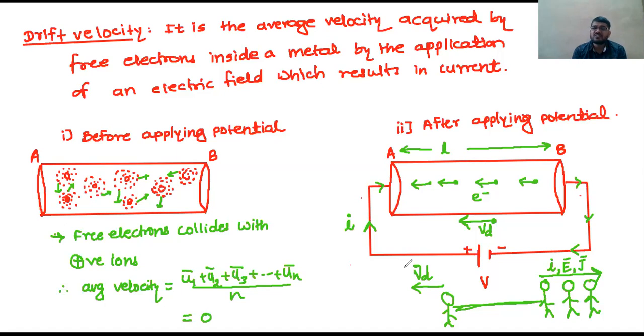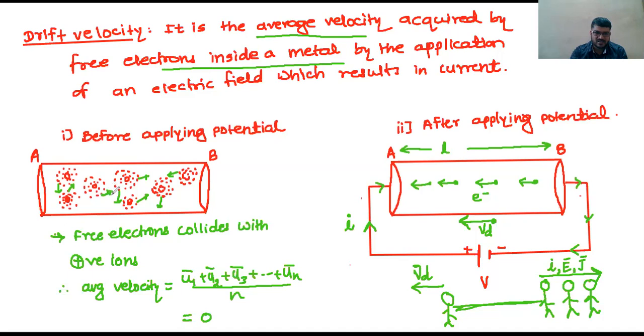Now, what is this average drift velocity? It is the average velocity acquired by free electrons inside a metal by the application of electric field. Whatever velocity is acquired by these free electrons, you can see the green arrows here.